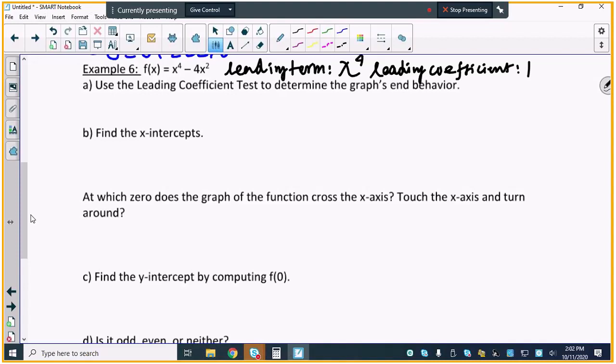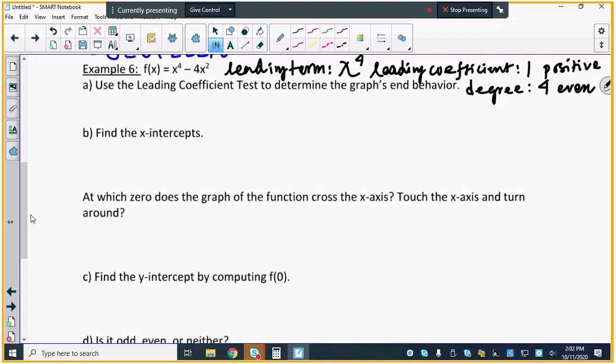And remember, we are interested in the sign of the leading coefficient. It is positive. The degree of the polynomial is the other thing we need for the end behavior. And the degree of the polynomial is the highest power, which is 4.